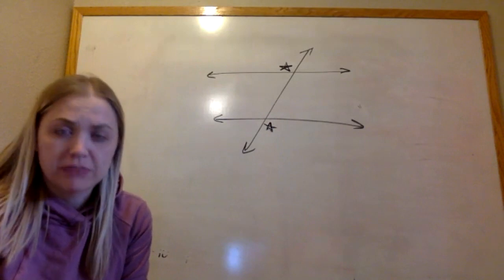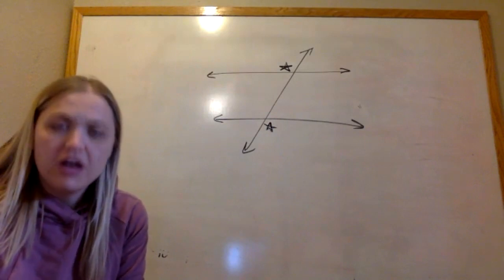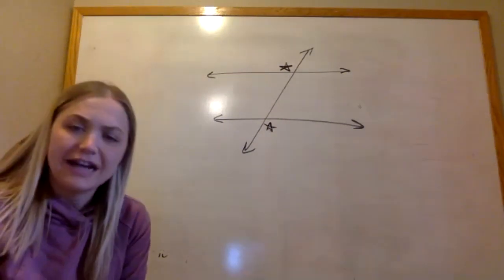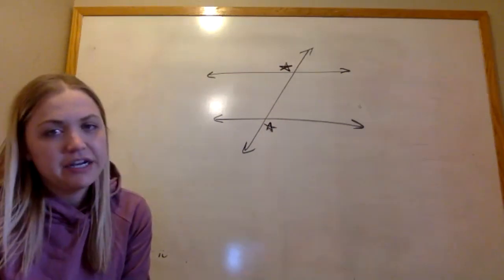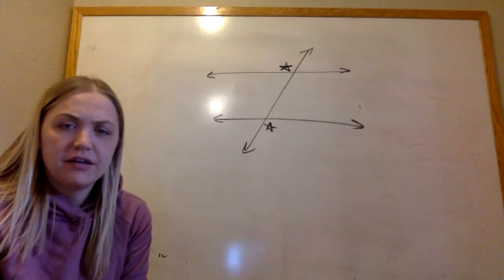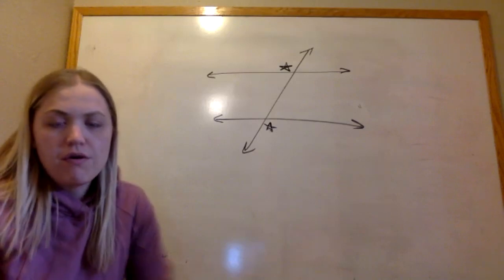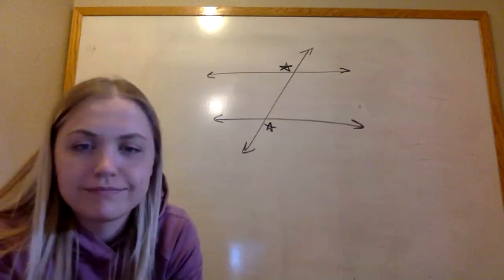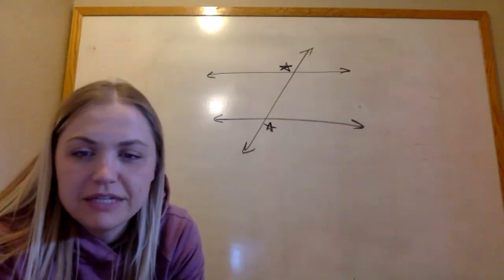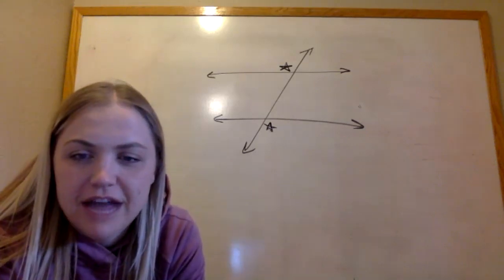Would you call them corresponding? Would you call them vertical, alternate interior, alternate exterior, same side interior, same side exterior? All right, I've got one person who said vertical, another person who said alternate exterior.